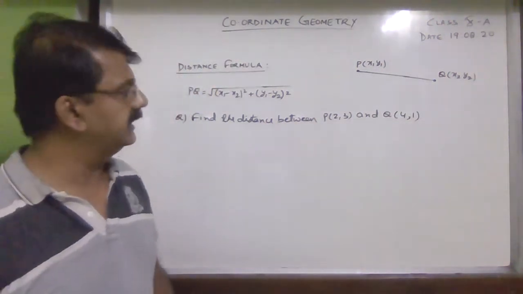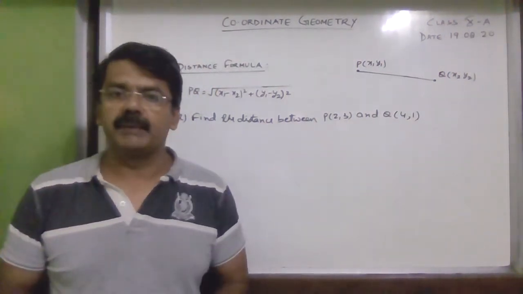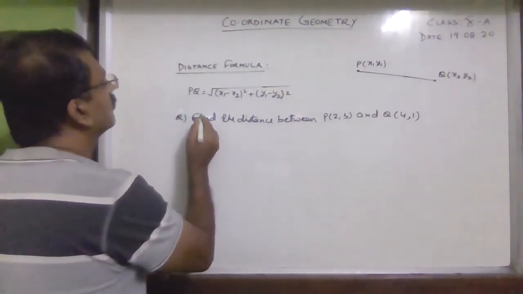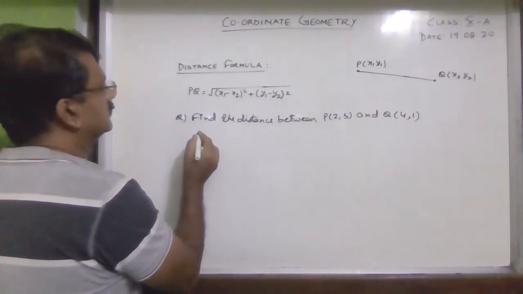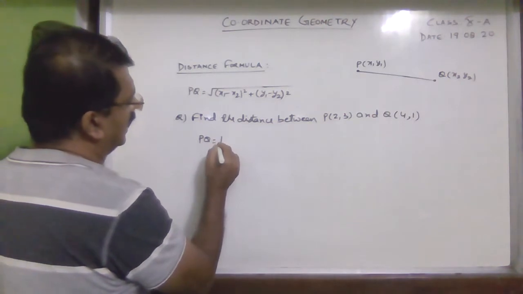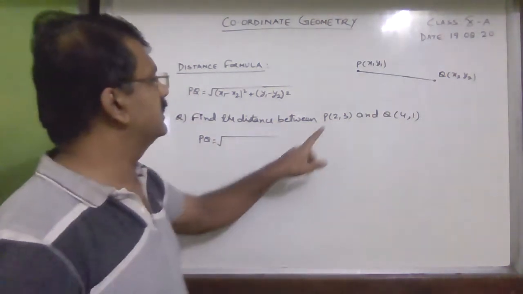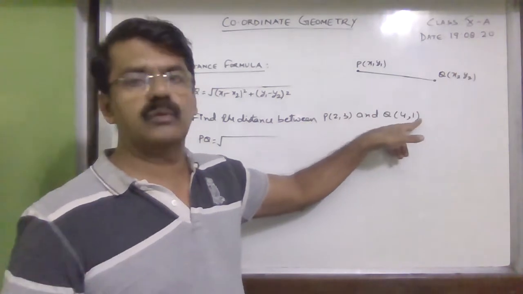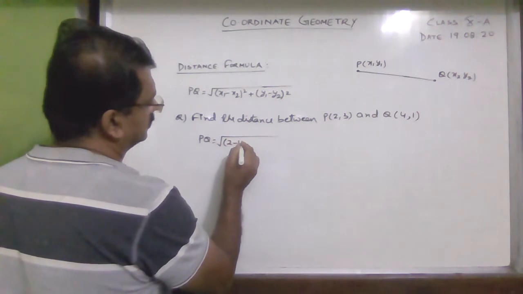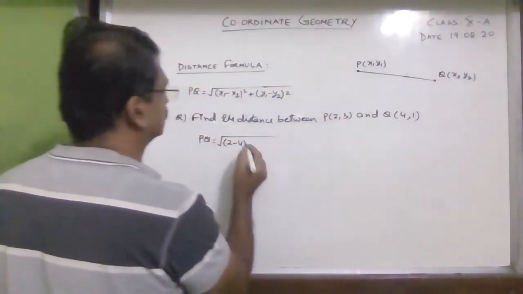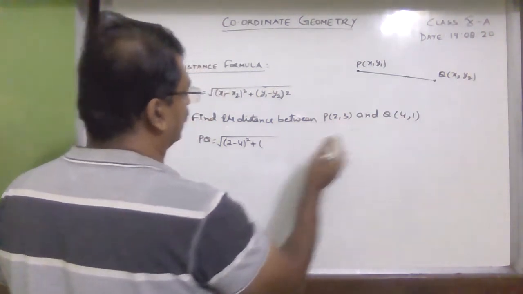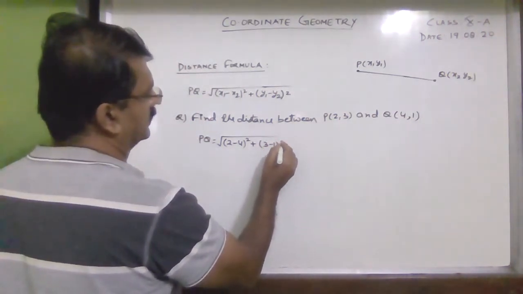So you have to find the distance between P 2, 3 and Q 4, 1. So PQ is equal to under root. Now see, this is x1, y1, x2, y2. So x1 minus x2 means 2 minus 4, 2 minus 4 whole square plus y1 minus y2, 3 minus 1 whole square.